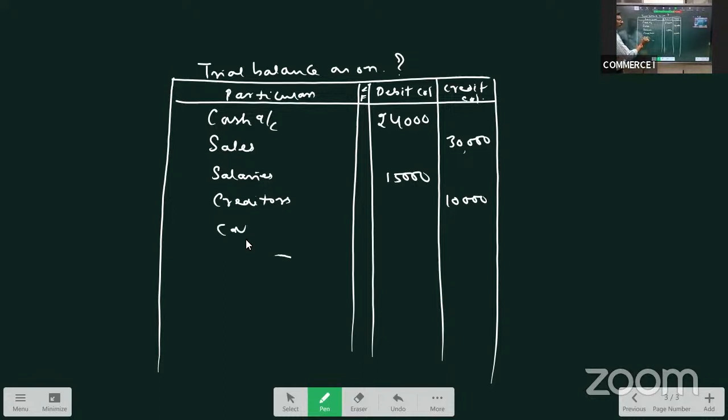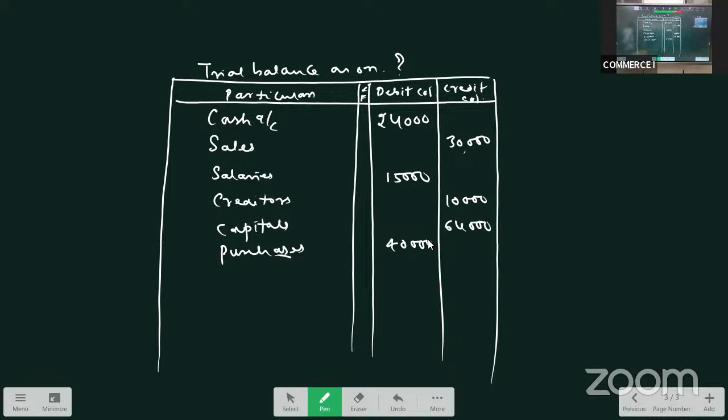I told you, it is owner's equity. That also shows a credit balance. It has to be placed in the credit column. Next is purchases. Purchases is an expense, and expenses are to be shown in the debit column.